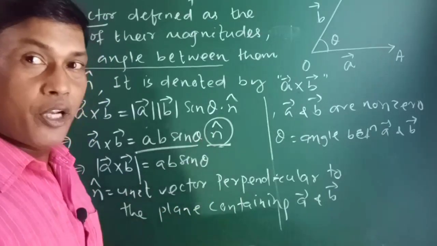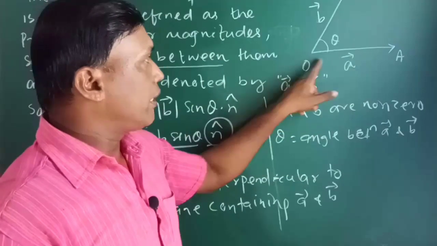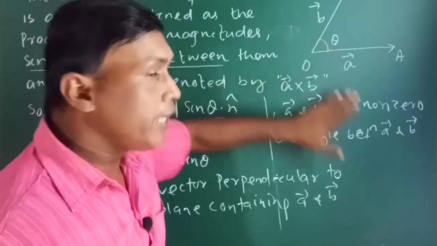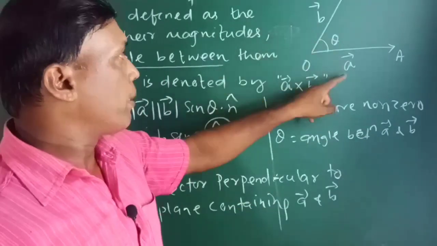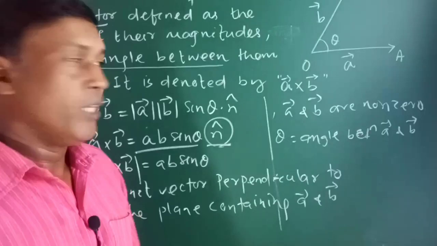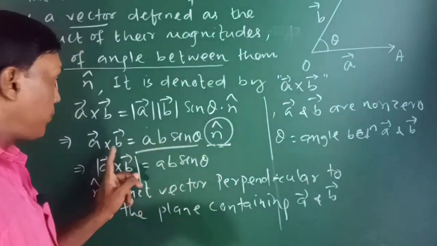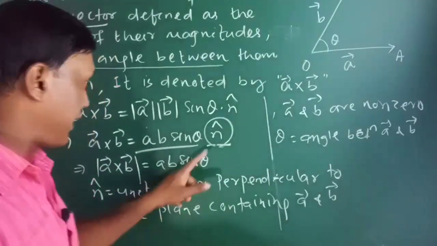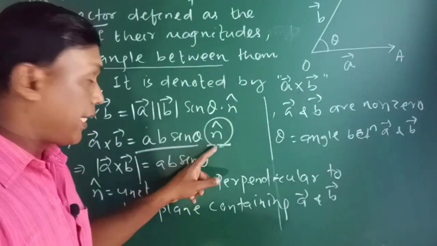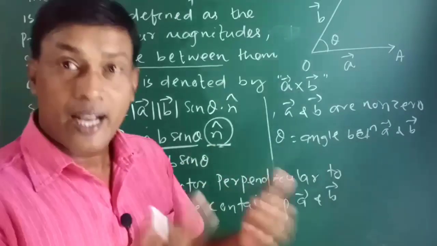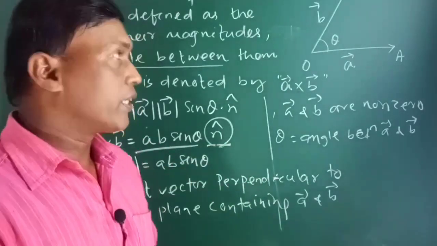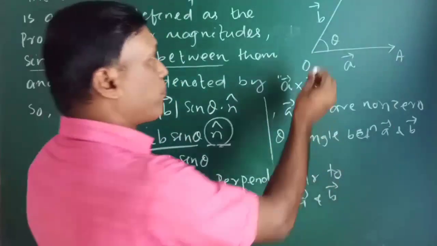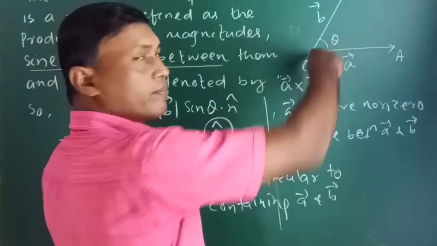Now the direction is perpendicular, meaning look here, this A vector and B vector, the two vectors lie on the green board plane. So the direction of A cross B, which is a vector quantity, is represented by n cap. So what is the direction of n cap? The direction of n cap is perpendicular. That means like this, perpendicular to the plane, like this it is perpendicular.